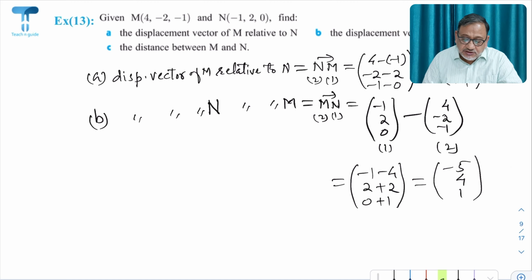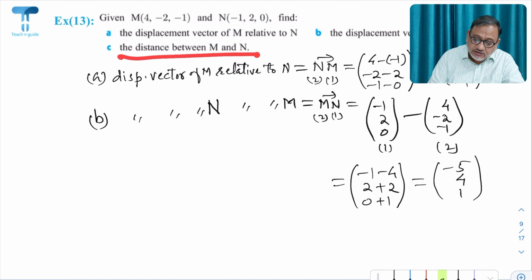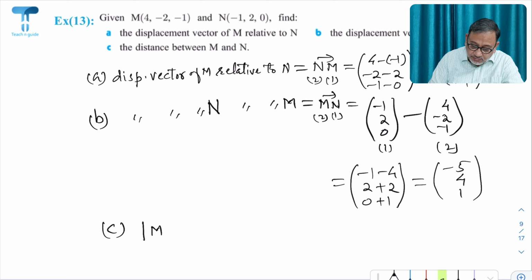Now the distance between M and N will be the magnitude of MN. Yeah, it can be from N to M or from M to N because it is the distance only. So I will find MN only. Magnitude of MN will be the square root of, you already know, x component squared.